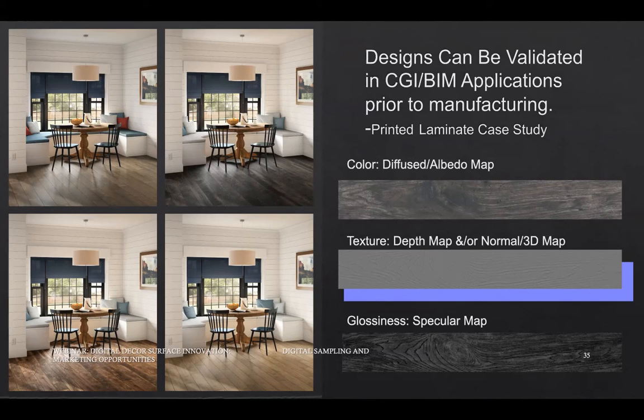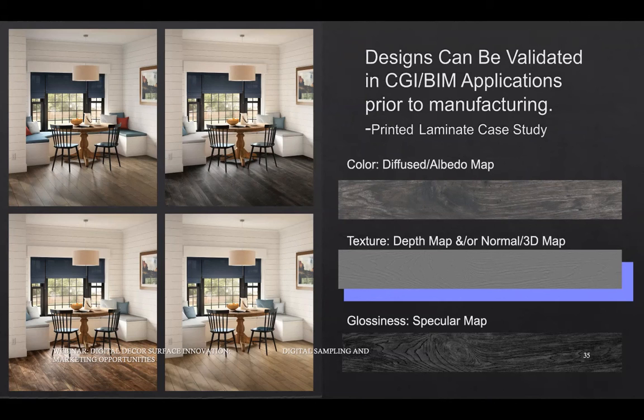And the important thing about this particular product, and this is an engineered product, so it's a laminate with an emboss and register texture and a glossiness in register coating. And so the scanner captures the color without the texture and the specularity, but it also captures the depth map communicated in 2 formats, a normal map and a depth map, and then lastly a specular map.